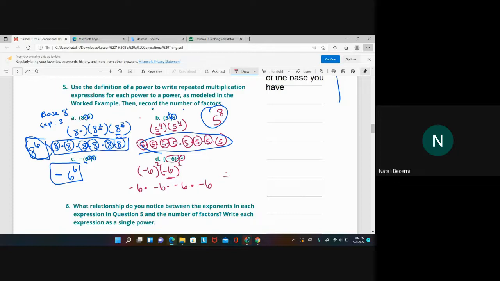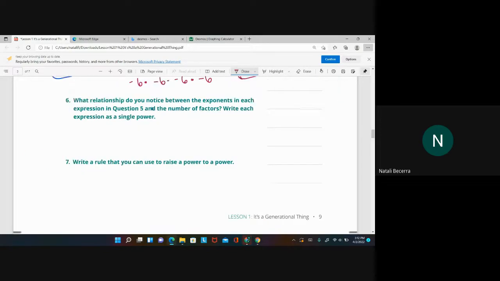So now count them. My base is negative 6, and I have 4 of them. So negative 6 to the power of 4. Okay. And then actually I made a little mistake because we have parentheses. I forgot my parentheses. Make sure all of that is in parentheses, okay? Parentheses is really important here. So that's what you do whenever you have an exponent on the inside and the outside of the parentheses.